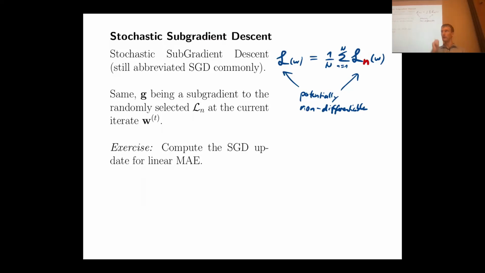You just still run SGD, but you use a subgradient of whichever term you're currently working with. So as you would expect, you can be happy and you don't need to change anything. You can just use the usual algorithms we have. Some people are not even honestly saying what they mean when they say SGD, because in most deep learning cases, they actually do mean stochastic subgradient descent. That would be the correct name, but people don't mind calling it this.